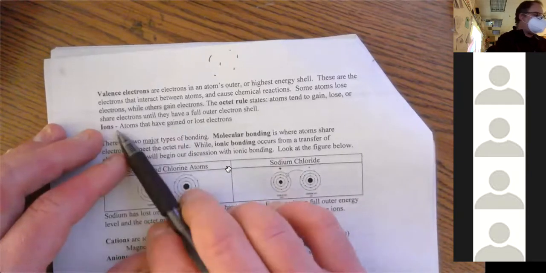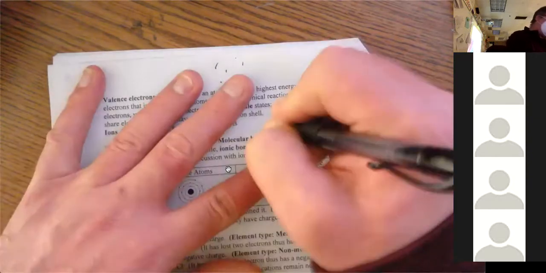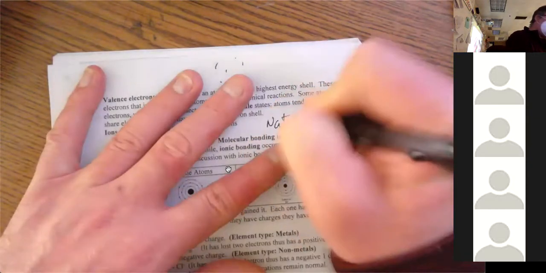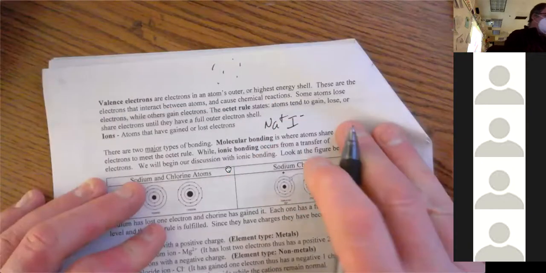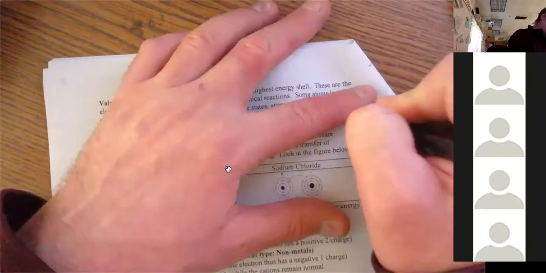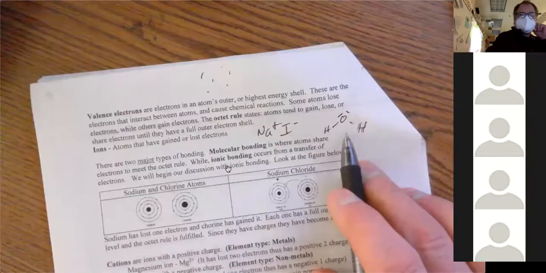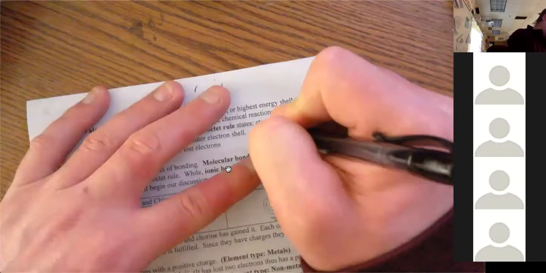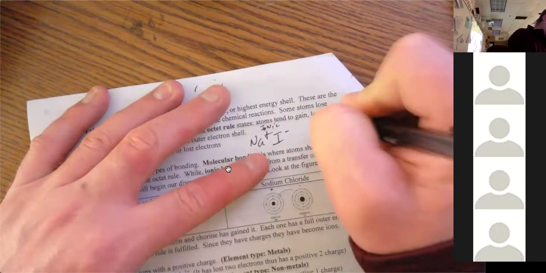So ions are atoms that have gained or lost electrons, and then you have this electrostatic force that makes them stick together, versus things like hydrogen and oxygen can do what we call sharing. So this is ionic. This is a molecular compound.